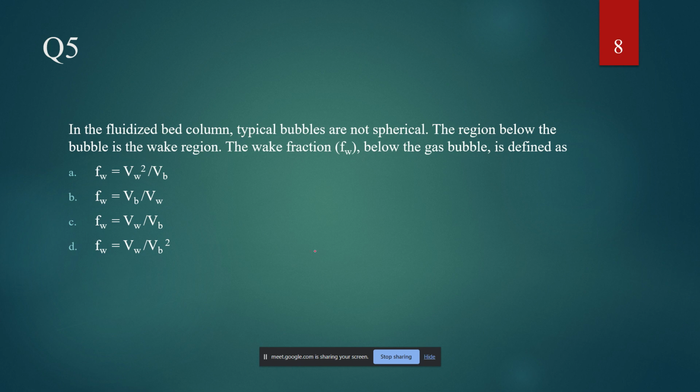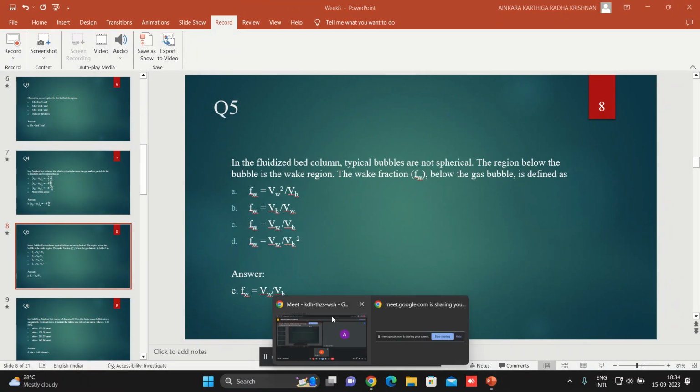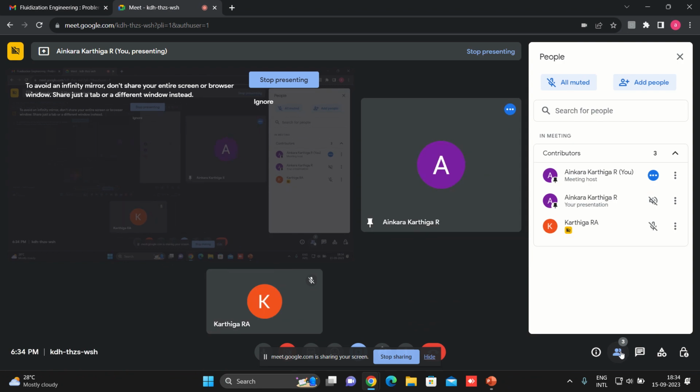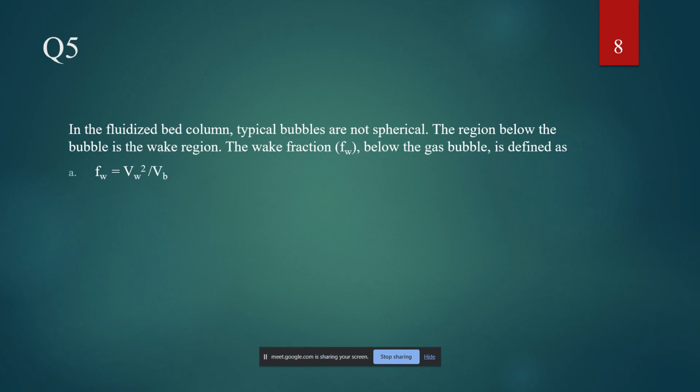It is mentioned that in a fluidized column, typical bubbles are not spherical. Although in the Davidson model we assume the bubbles to be spherical, the typical bubbles are not spherical.